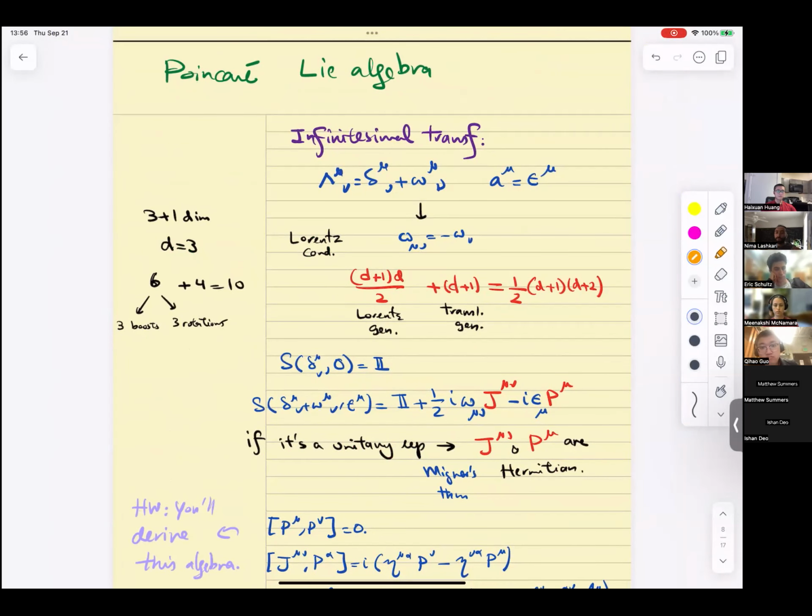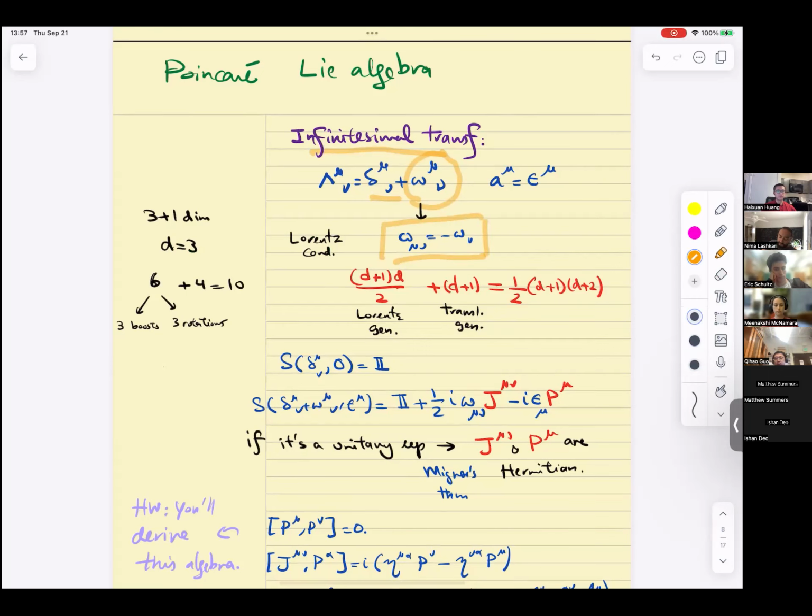Now that we focus on the restricted Lorentz group, let's look at this Lie algebra. An infinitesimal Lorentz transformation you can expand near identity, because this is the restricted part, and you get these omega mu nu.